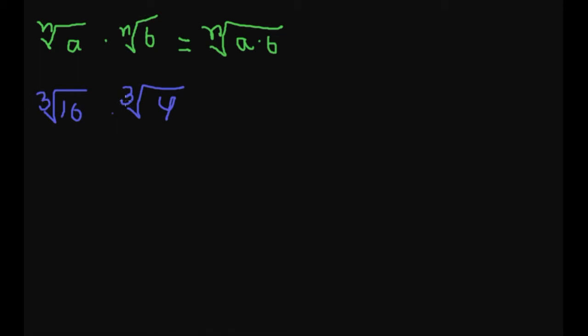In both you can see the index is the same, so we can write as per the property cube root of 16 into 4 is equal to cube root of 64.